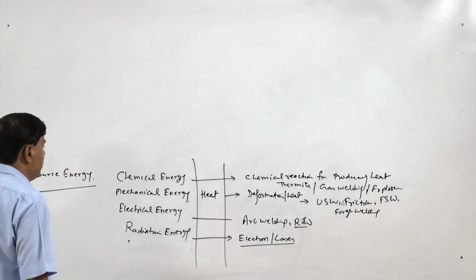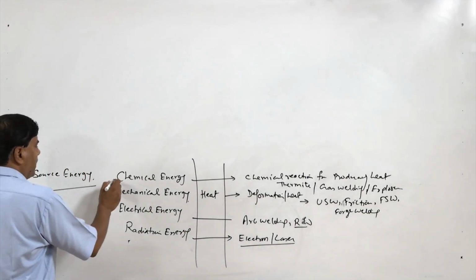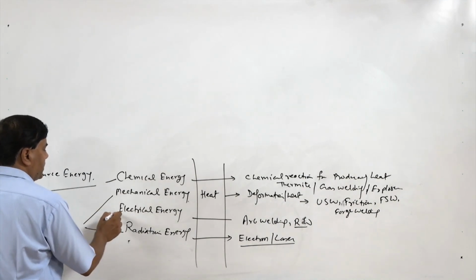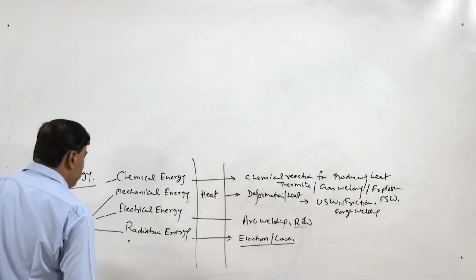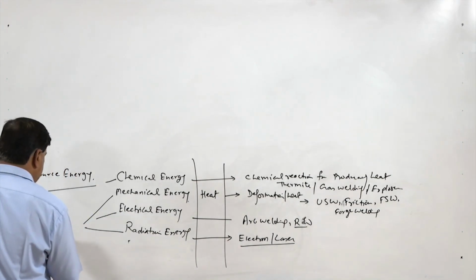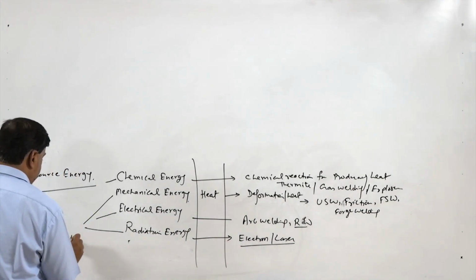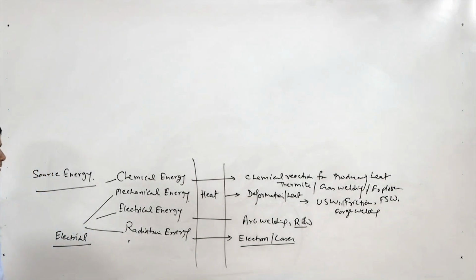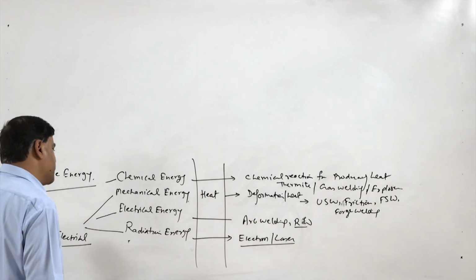So, if we see, except the chemical energy, all other forms of energy like radiation energy, electrical energy, all these come basically from the electrical energy. Electrical energy is converted into the mechanical energy, or the radiation energy is produced in a controlled way for producing the heat and using it in the different forms.